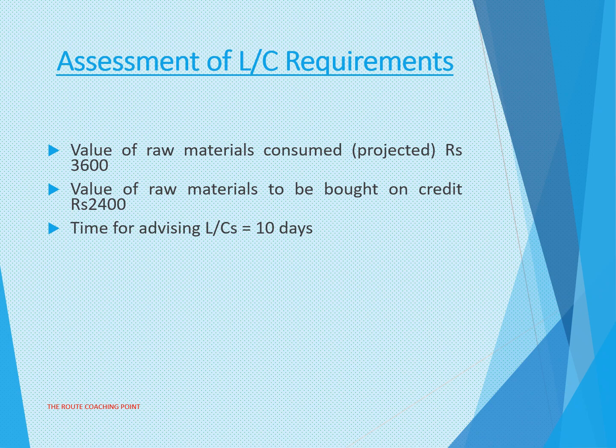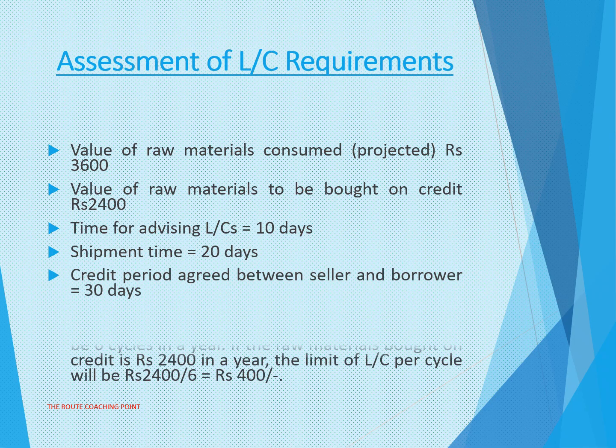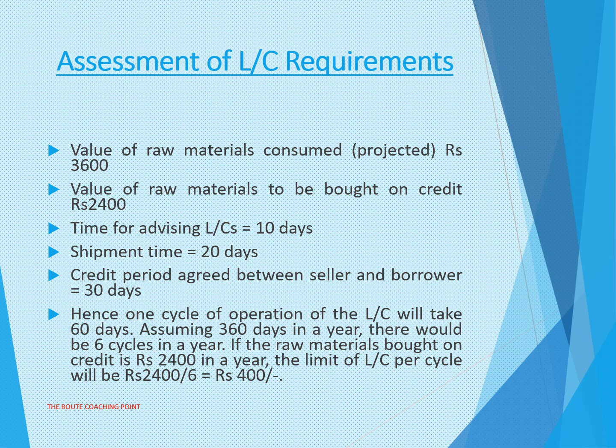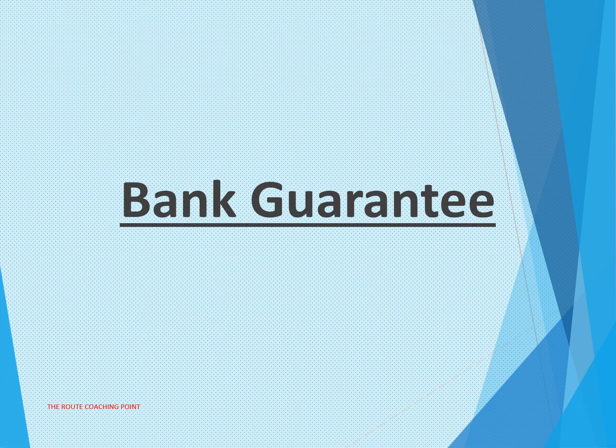Time of advising LC is 10 days, shipment time is 20 days and credit period between seller and borrower is 30 days. So total period is 60 days. Assuming 360 days in a year, there would be 6 cycles in a year. If the raw material bought on credit per year is 2400, then the limit of LC required is 2400 by 6, that is rupees 400. I think it is clear.